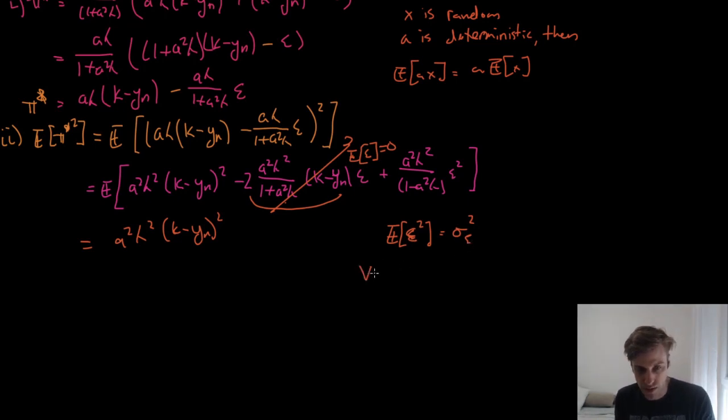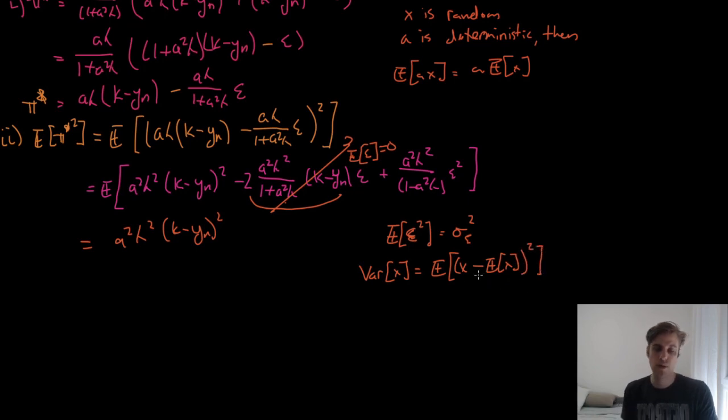If you write down the definition, the variance of x is equal to the expected value of x minus the expected value of x, squared. The squared difference between x and the expected value of x. So you're centering the random draw and then squaring the distance from the mean. So it's like the spread around the mean, right? And it's the unsigned distance from the mean. So again, it's sort of like an absolute value.